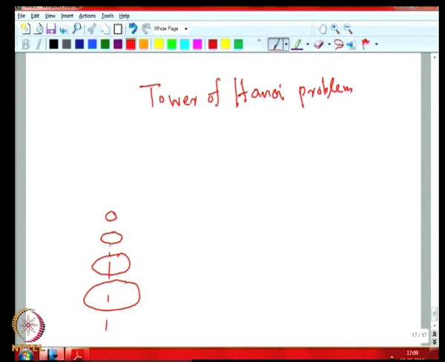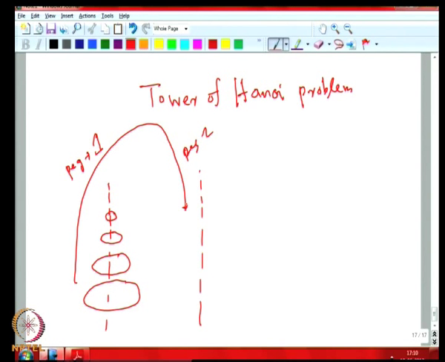So, there is a peg here, then we have another peg here, this is peg number 1, and there is a peg number 2. We want to move all these discs to this one. We can use a third peg as a temporary place to keep the disc.